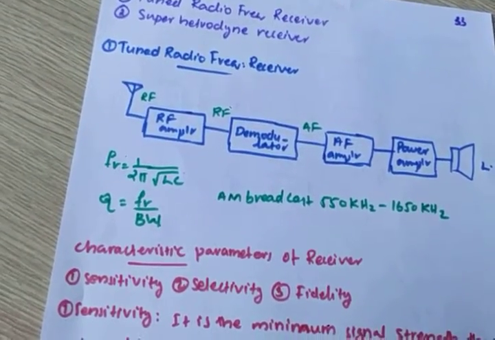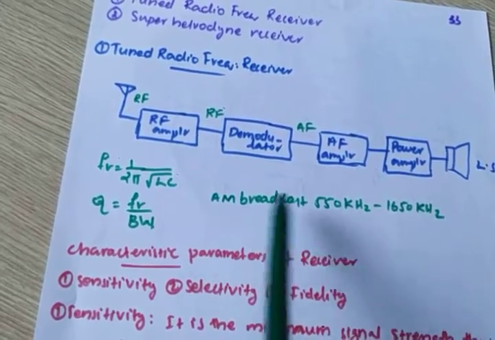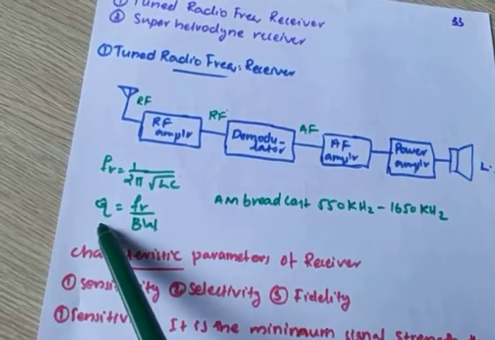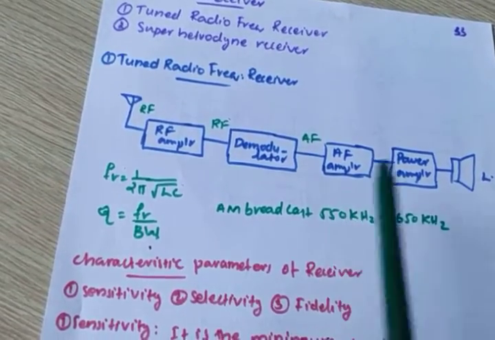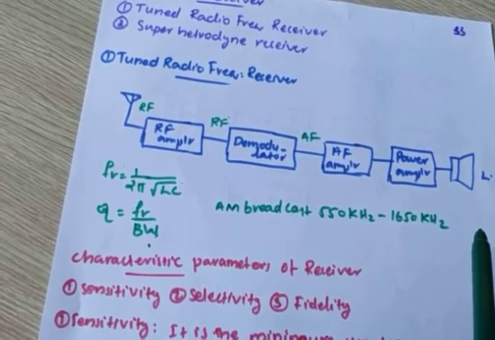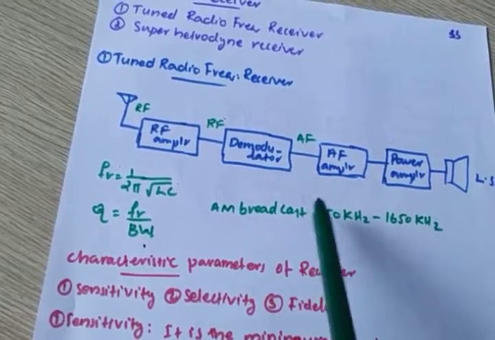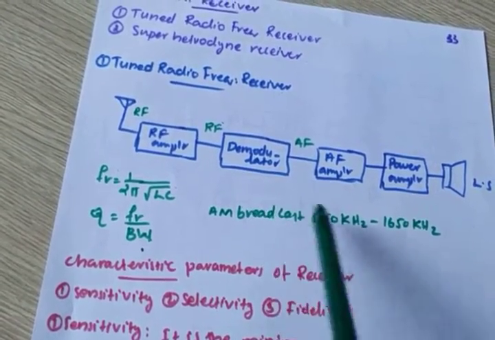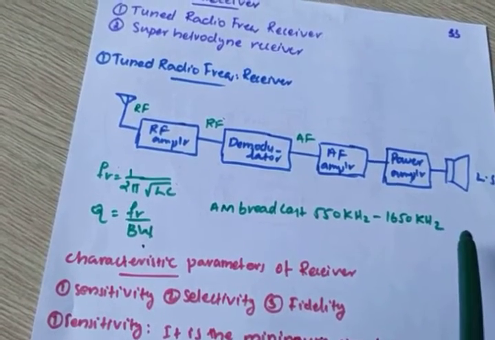So this creates a problem. We are keeping 10 kilohertz as the bandwidth for this AM, but when I increase the resonant frequency, the bandwidth also increases. So the new bandwidth will be greater than 10 kilohertz.